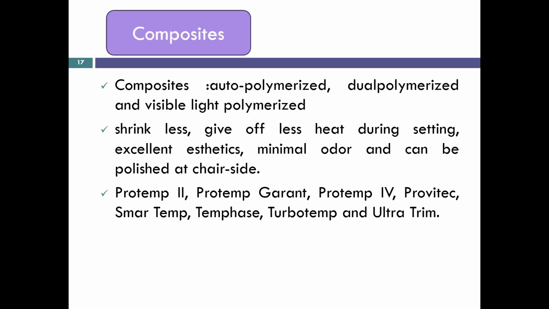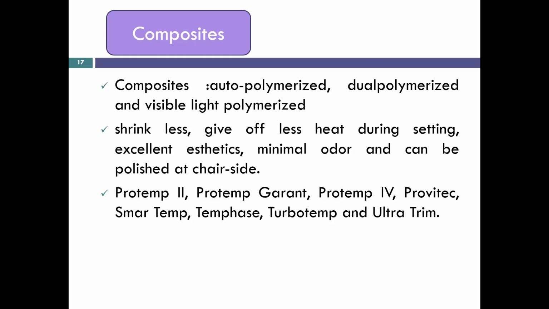Next material is composite. Composites are autopolymerized, dual polymerized, and visible light polymerized. These composites always shrink less. They give off less heat during setting. They show excellent aesthetic properties, minimal odor, and can be polished at the chairside.